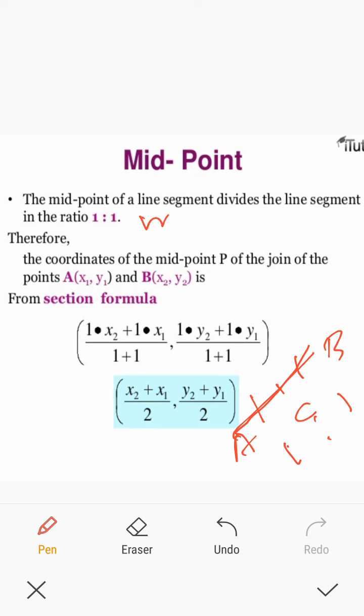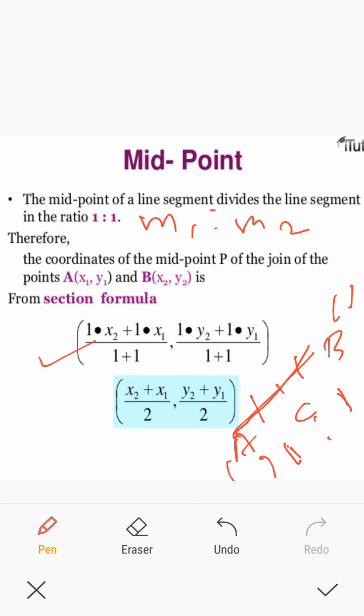So here we can consider m1 is to m2 as 1:1. Now A is the point x1, y1, B is the point x2, y2, and the ratio of division is 1:1. Substituting these values in the section formula: the x coordinate is m1 x2 plus m2 x1 divided by m1 plus m2, and the y coordinate is m1 y2 plus m2 y1 by m1 plus m2.